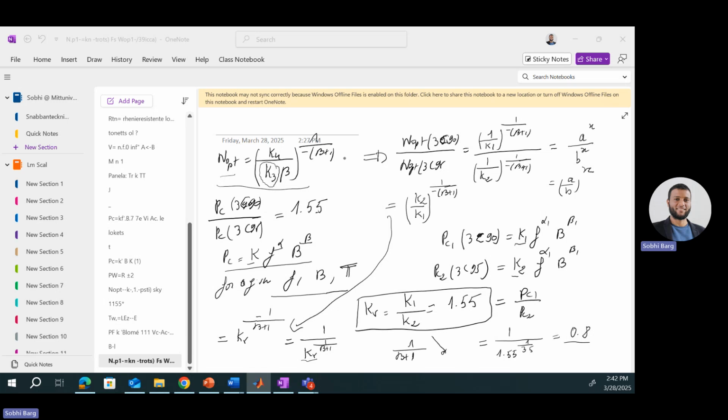Okay, I got what the problem is. Here Kr is K1 over K2, it's 1.55, but here we got 1 over Kr, sorry.